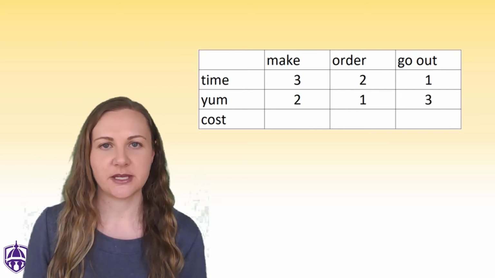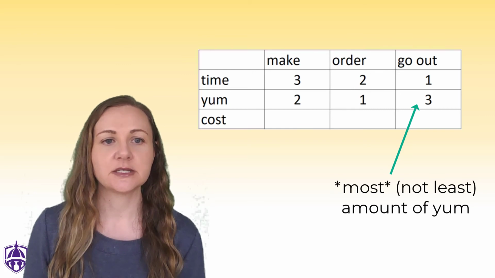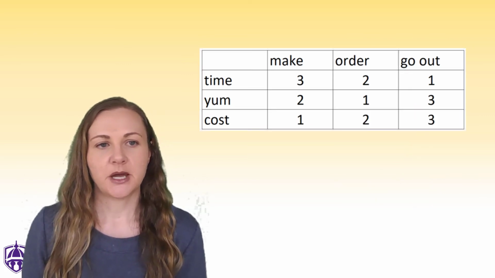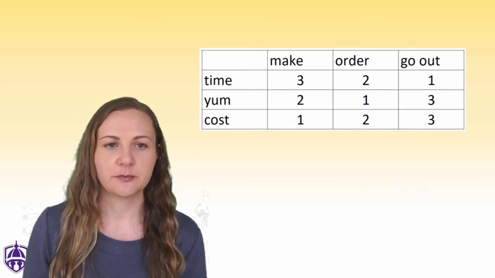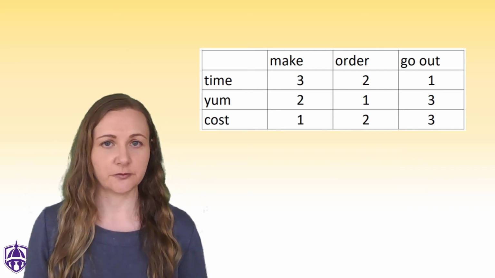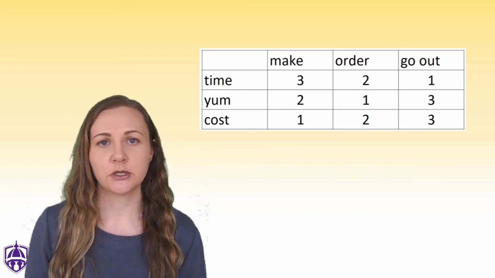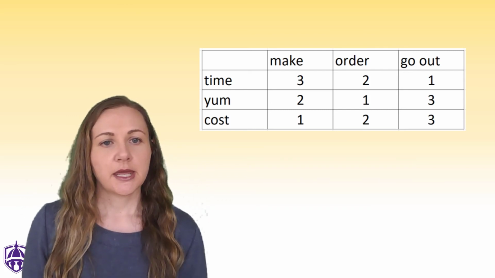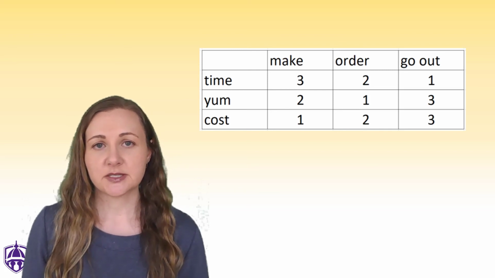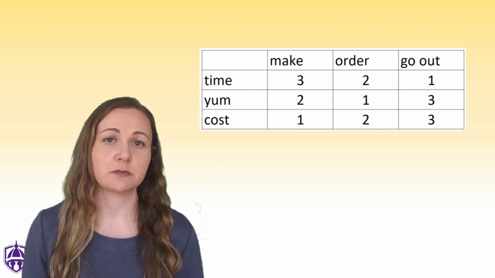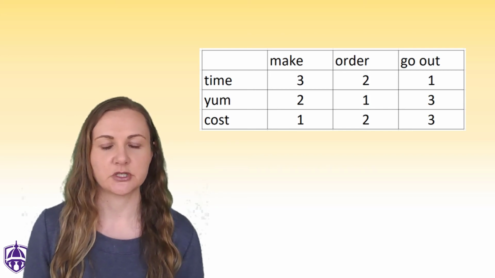And going out then has the least amount of yum factor. In terms of cost, I might analyze the cost of making my own food as basically free because pizza is essentially ingredients that I already have at home and some cheese. And ordering is going to cost slightly more money because you pay for the convenience part of it, whereas going out is likely to cost me the most money out of my potential options.